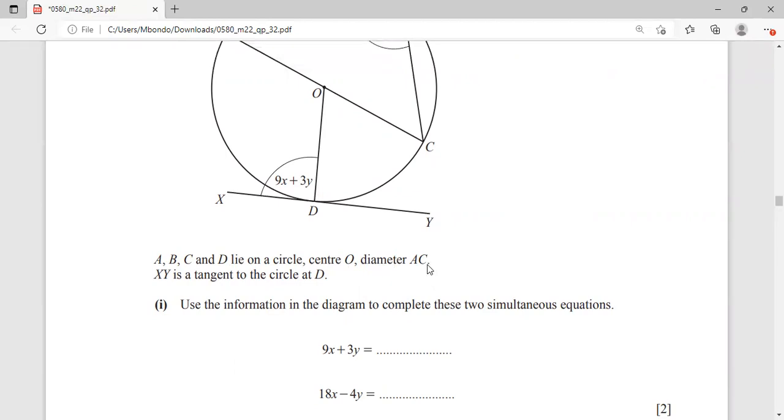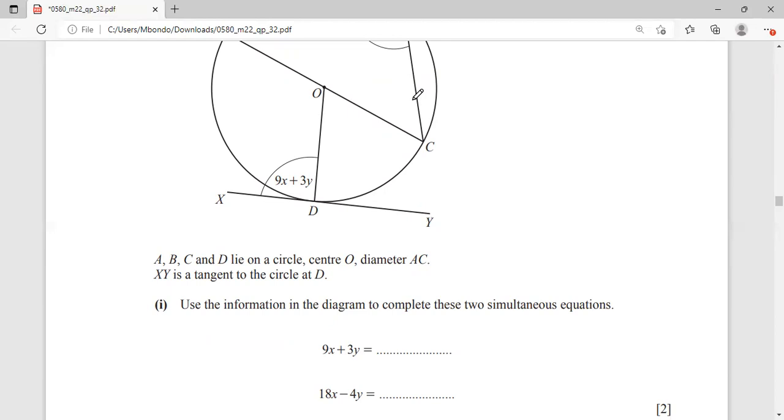That is very important. You need that information. Okay. So diameter AC. You know what diameter is, isn't it? That line that divides the circle into two equal parts. That is diameter there. All right.